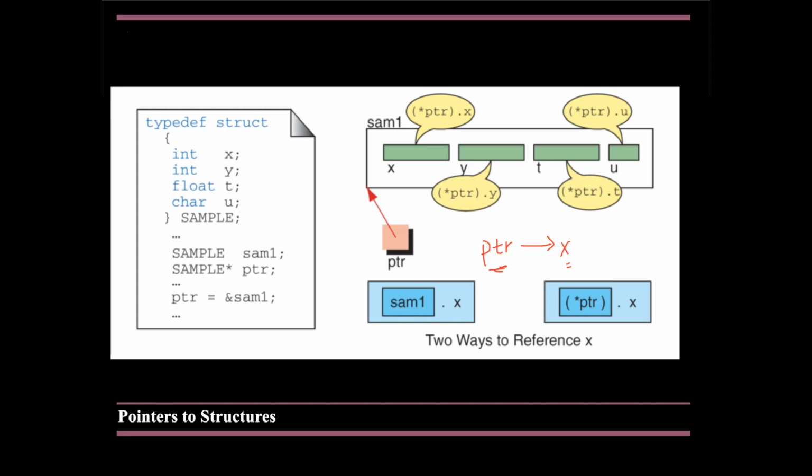This is a dash and greater than sign. This is the arrow we're talking about here, as opposed to the dot operator when you have a non-pointer structure. So with pointer PTR, you use arrow sign x. You can do the same thing with PTR arrow sign y, PTR arrow sign t, and u as well. So this is another way of accessing member variables or fields using the pointer route.